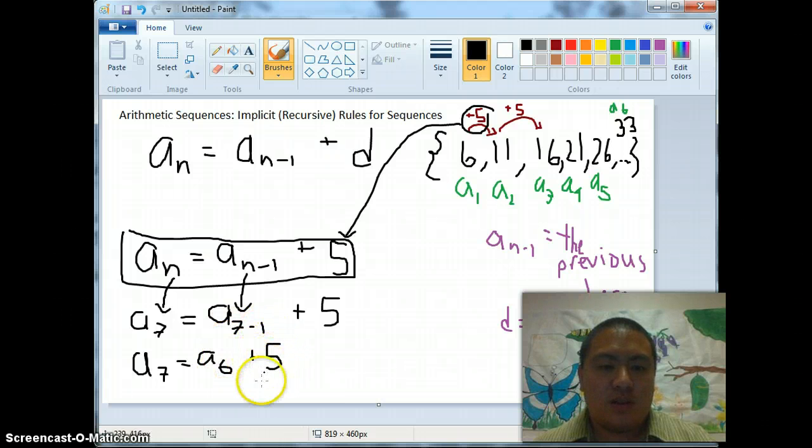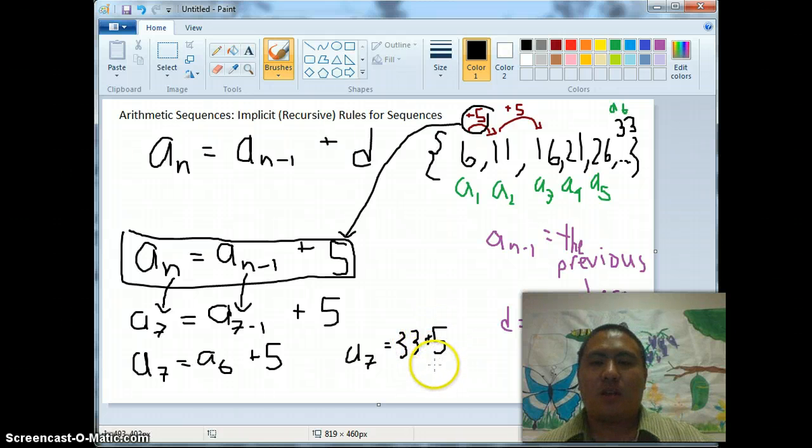So now you have it nice and easy. I look at what a sub 6 is, well, it's 33. So a sub 7 is equal to 33 plus 5. Okay, so now you have written a formula where you can just look backwards. If you know the previous term, you can find the next one. Okay, and that gives us that a sub 7 equals 38.